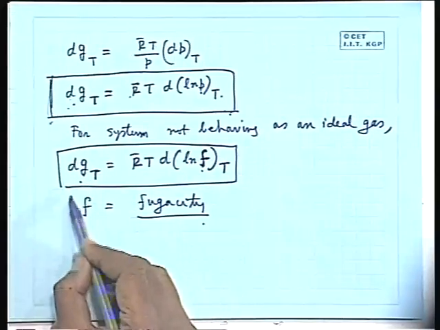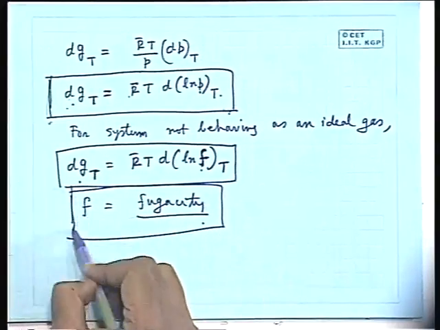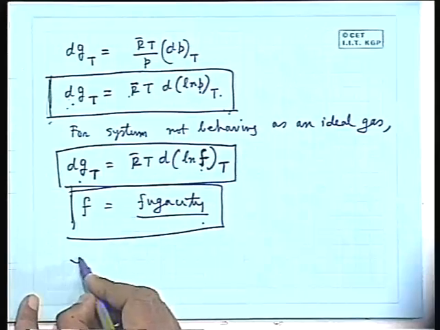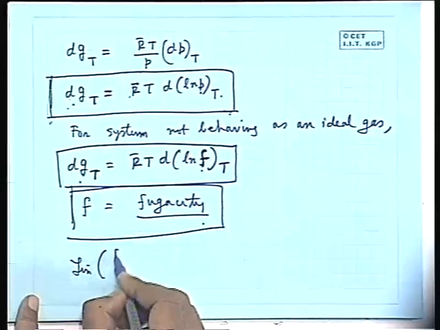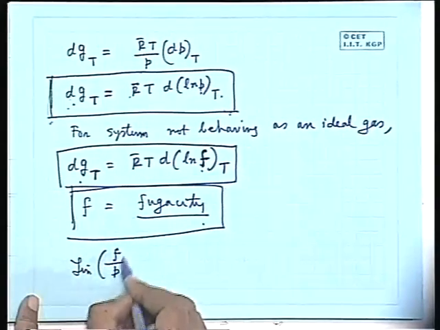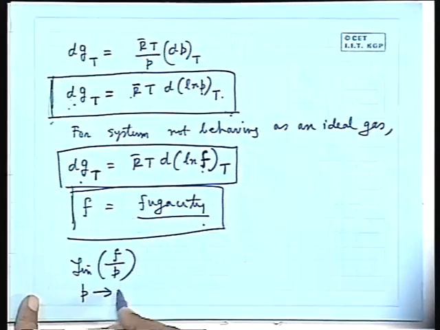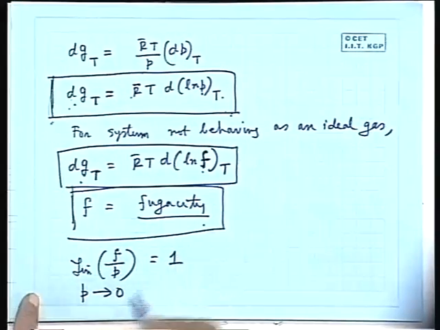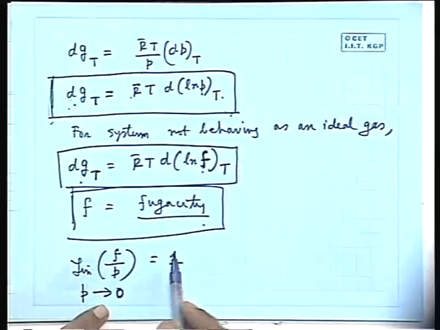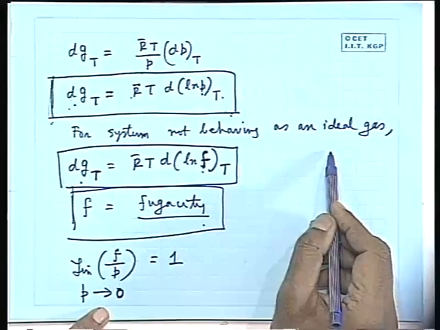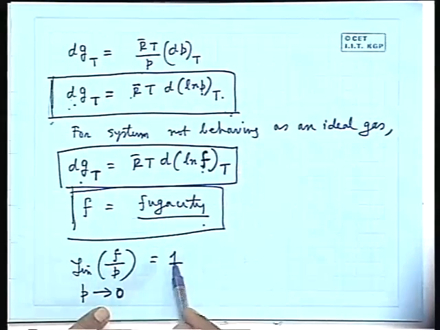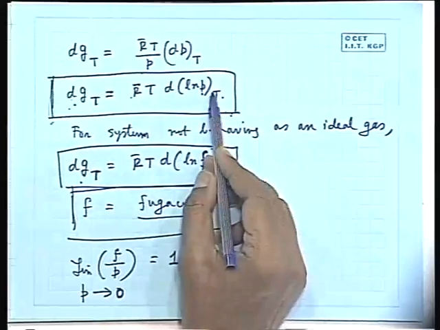So this is the basic definition of fugacity. From this it is clear that f is not P, but f tends to P when P tends to 0. Why? Because at very low pressure any gas behaves as an ideal gas. But if the pressure is increased, the deviation is there, so that the fugacity is not equal to pressure.